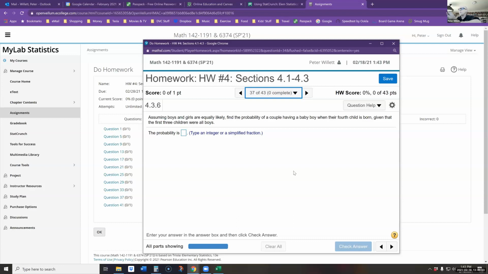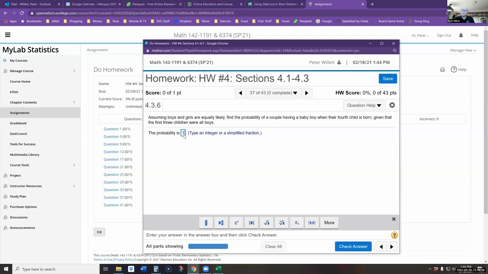But if it's a true probability that are independent, if the earlier events aren't affecting the coin on the last one, well, then you have the same 50-50 chance on the last time that you did on the first. And if it says, as we're supposed to assume that boys and girls are equally likely, well, then the 4th child is equally likely to be a boy or a girl, no matter what the first 3 kids were. So the probability is going to be 1/2.